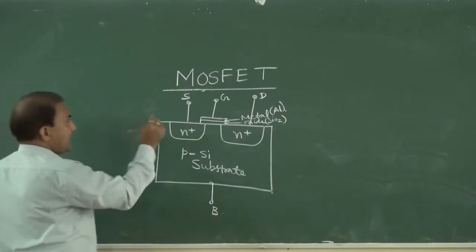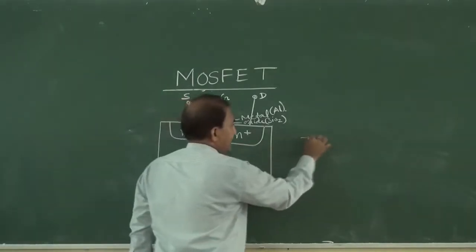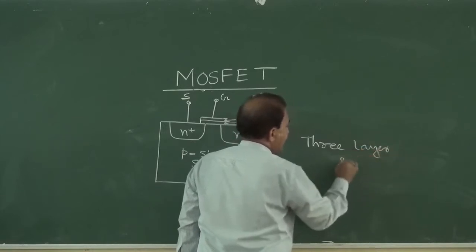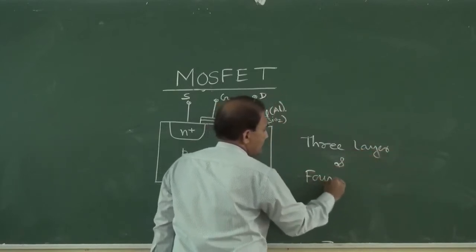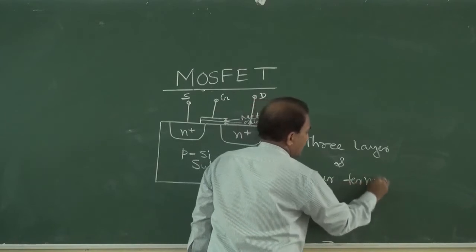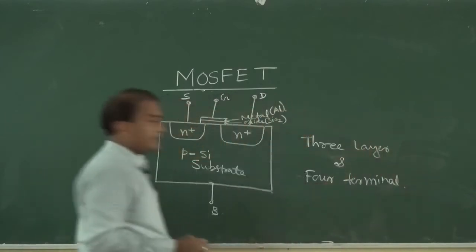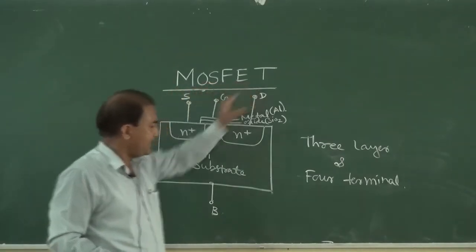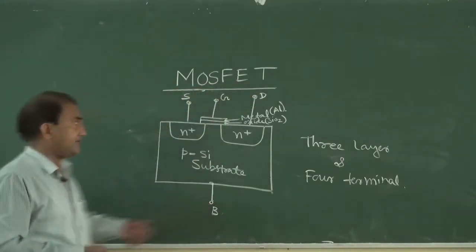So it is a 3-layer and 4 terminal device. The four terminals are source, gate, drain and body or substrate.